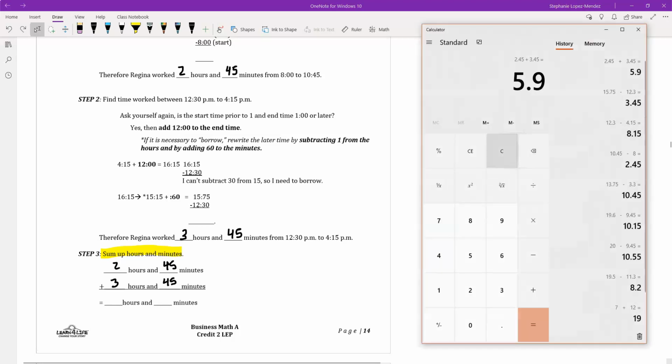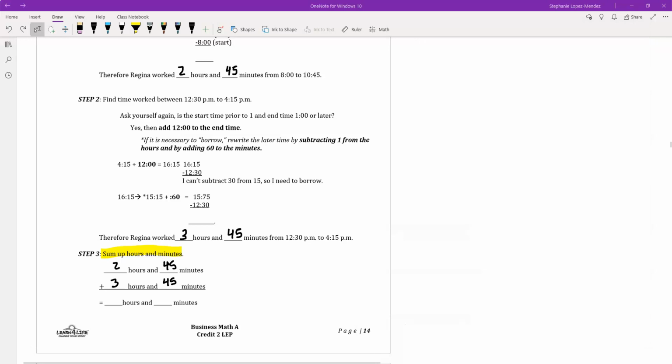So I'll go to my calculator and I add 2.45 plus 3.45. That gives me a total of 5.9. Okay, or 5.90. So I'm gonna write this here. 5.90. So that is the same as saying that we have 5 hours and 90 minutes.